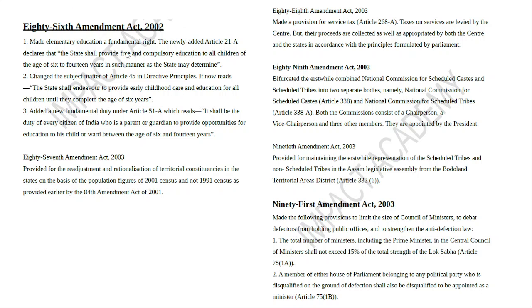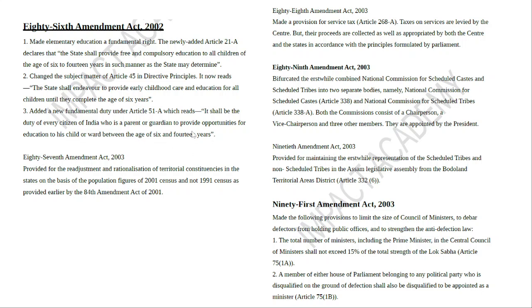So 86th amendment is usually called the right to education, right? Just now we've seen 86th Amendment Act of 2002. It added a fundamental duty 51A, that is it's a duty of every citizen who is a parent or guardian to provide opportunities for education to his child between 6 to 14.